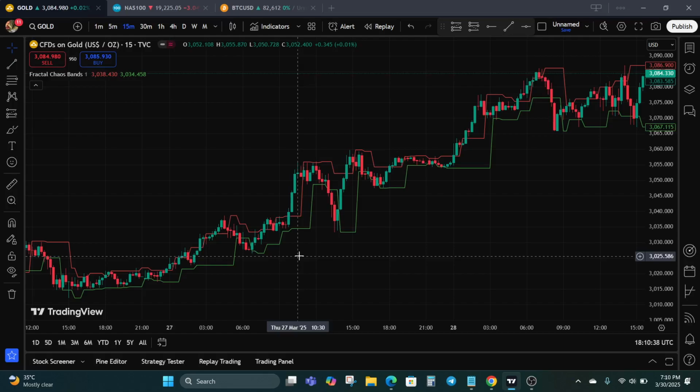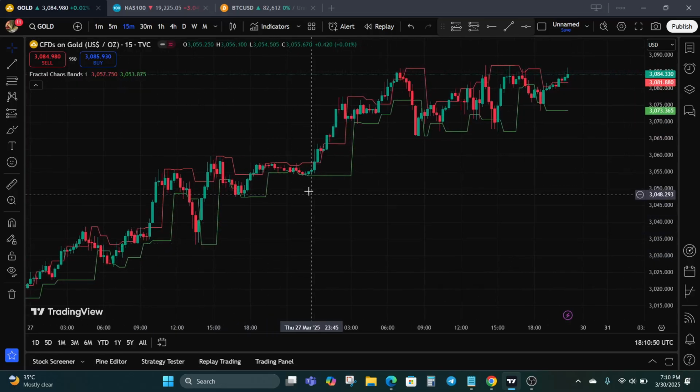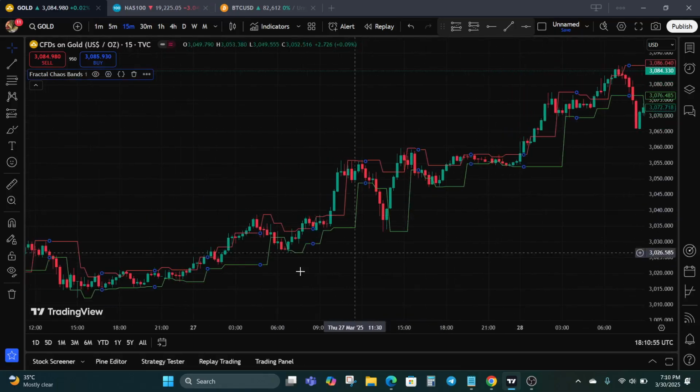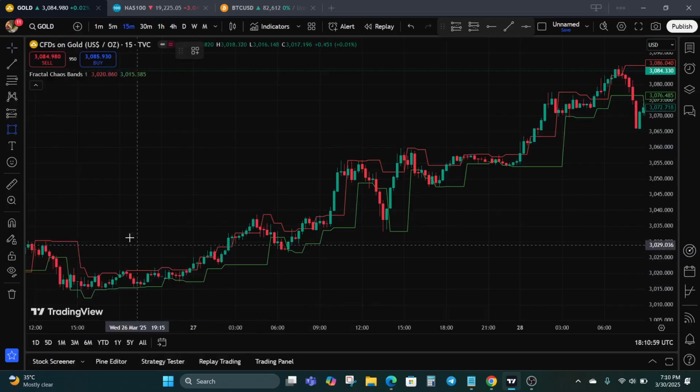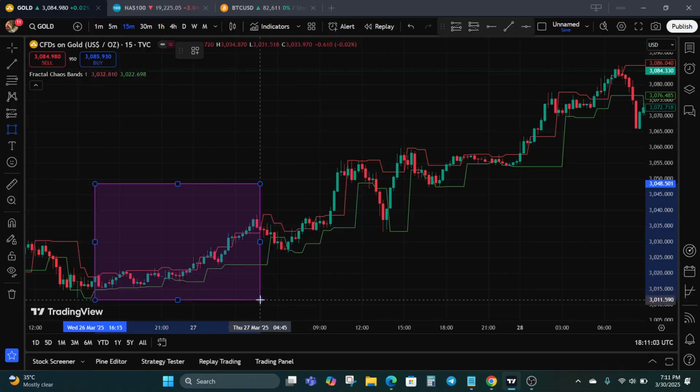So how do we use this indicator effectively? There are three main ways, okay? The first is for trend confirmation. So if price moves steadily within the bands without sudden spikes, like what we can see happen around this region, you can see we had price moving steadily.